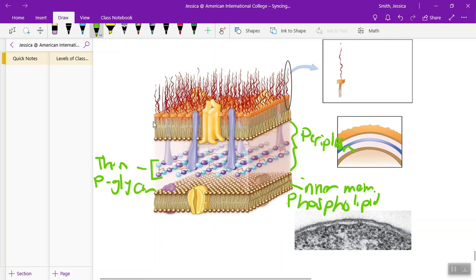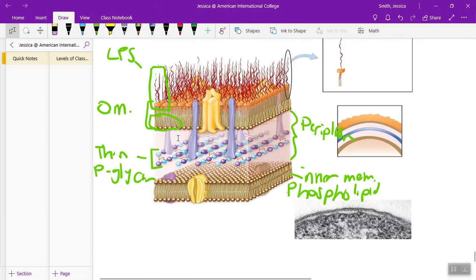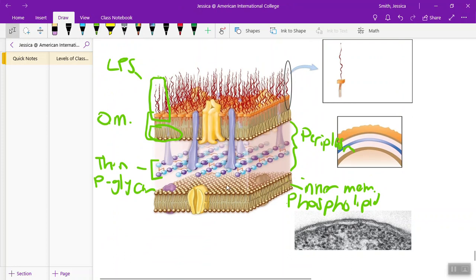Then on the outside, we have the outer membrane. The first layer here are those phospholipids. And then this stuff on the outside here, remember that's LPS, lipopolysaccharide. Okay, so I hope this video was helpful in helping you to memorize and learn the different structures in the gram-negative and gram-positive cell wall.